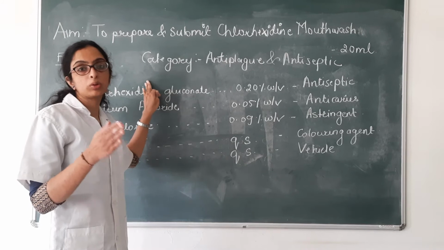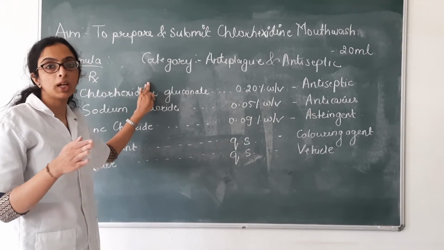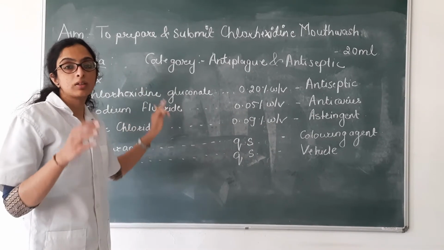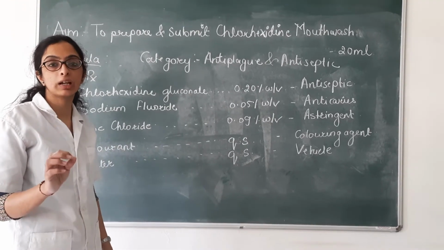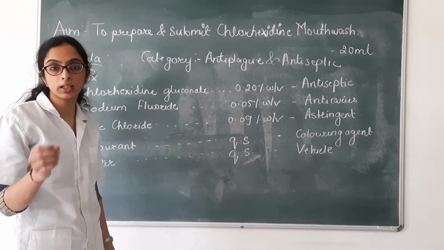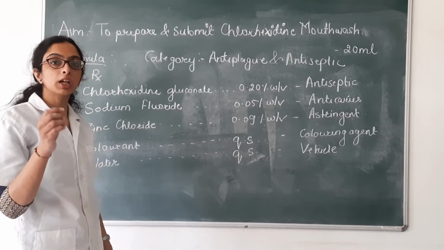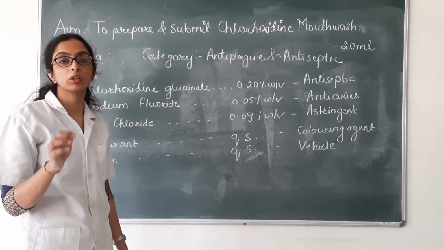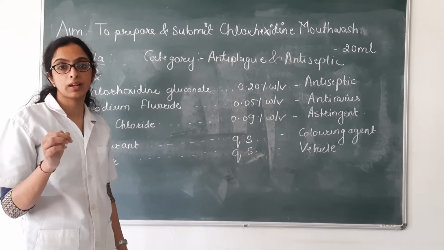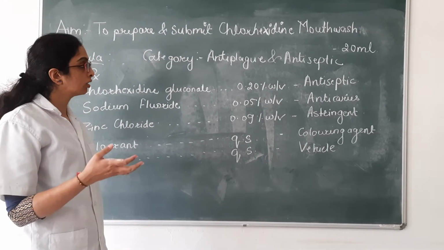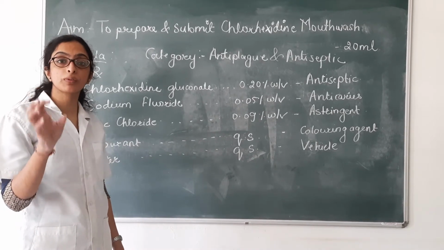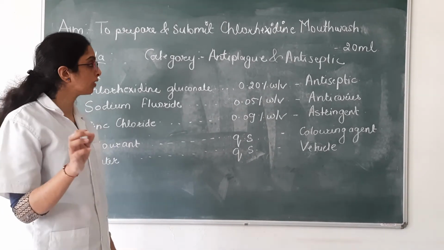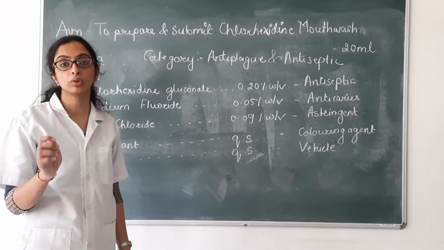Two types of mouthwashes are used, cosmetic and therapeutic mouthwashes. Cosmetic mouthwashes are used to enhance oral hygiene, like to reduce bad breath, and therapeutic mouthwashes are used for the treatment of infections like plaque, or you can say gingivitis or gum infection. So for the treatment of such oral infections, we use therapeutic mouthwashes.